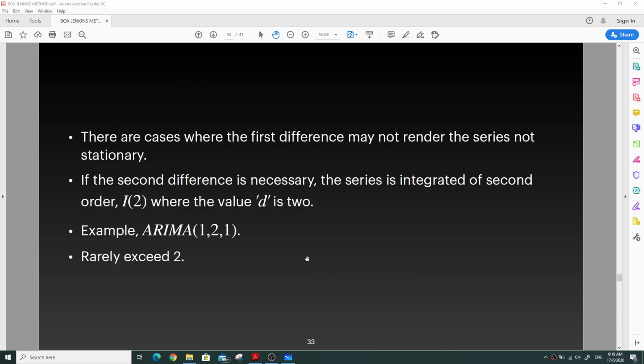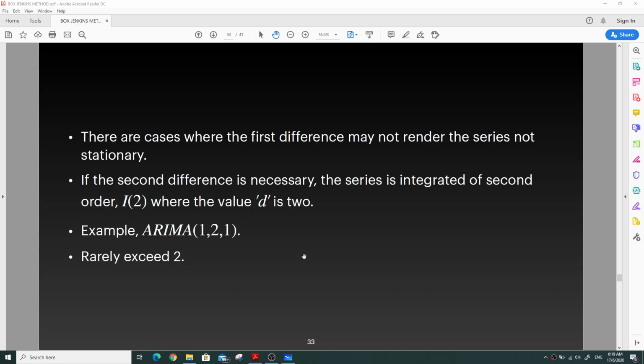When we perform d equal to 1, it means that we perform the first order differencing, and sometimes there are cases where the first difference is not enough. That's why we need the second order differencing, and d equals 2, for example ARIMA(1,2,1).